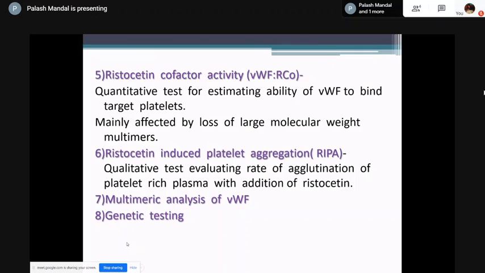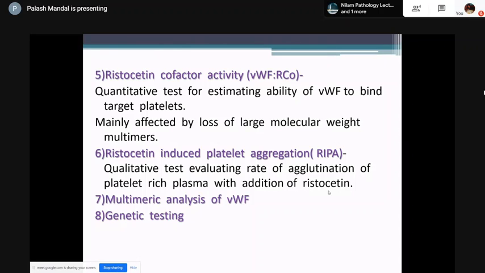Okay, and the ristocetin induced platelet aggregation (RIPA) test. This is a qualitative test evaluating the rate of agglutination of platelet-rich plasma with the addition of ristocetin. So if you give ristocetin, whether it is inducing the platelet aggregation or not is noted.